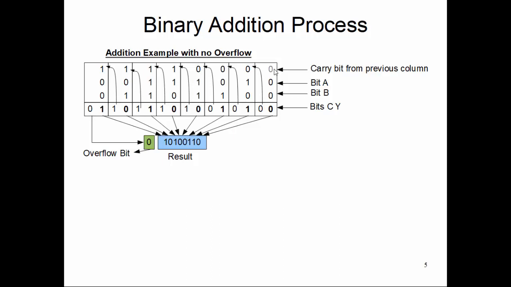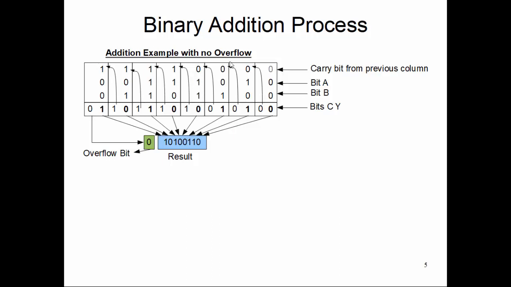It is not representing a signed component. Oh sorry, this is not the number. The number is 0 0 1 1 1 0 1 0, and the other number is 0 1 1 0 1 1 0 0. The topmost row is showing you the carry bits from the previous column.